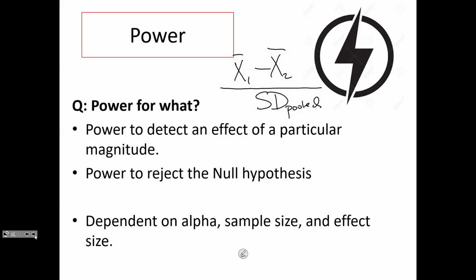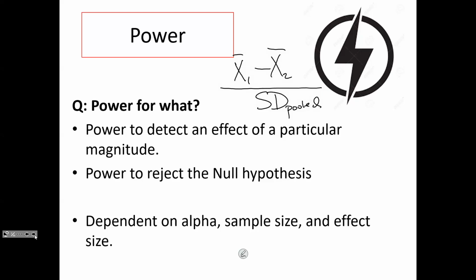One is the mean difference between the two groups. So the bigger the mean difference, holding constant the standard deviation, the bigger the effect size. But the other piece is this pooled standard deviation. You can think of standard deviation as the square root of variance, right? It's really about within group variance, which is in some sense like error variance or noise.